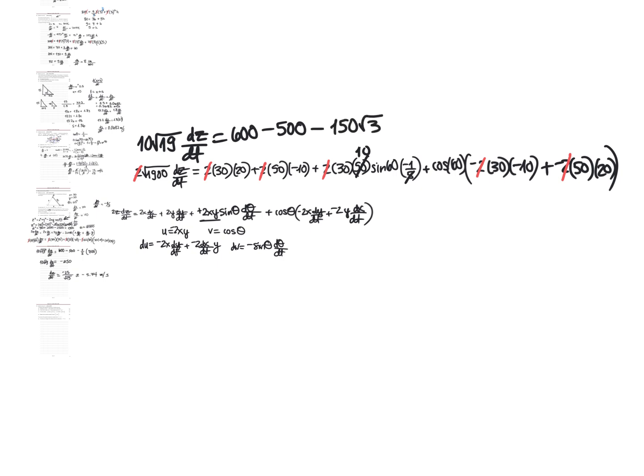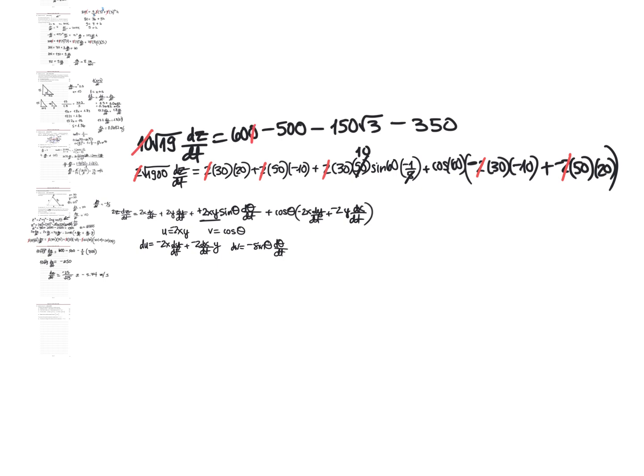Okay, and then we have cosine 60, which is half. And then we have negative 300. Nope, positive 300 because of the negative 2. And then we have minus 1,000. And then that's negative 700 over 2, which is negative 350. Now we can cancel some 10s.